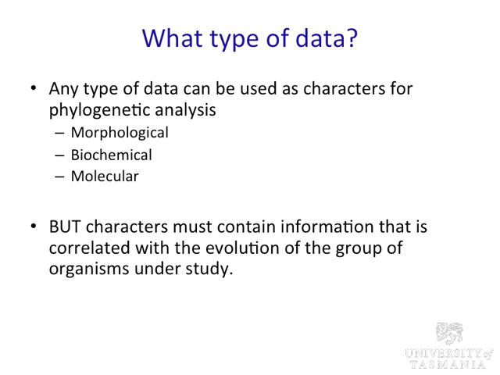So what type of data can we use? Well, I've given a few examples of morphological data, but you can use anything. Anything you can measure can be used in this form of analysis, and in theory can be used to look at the relationships and phylogeny between organisms. Right?